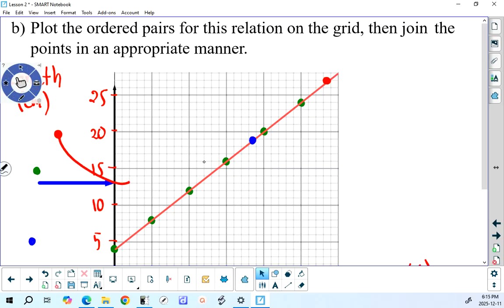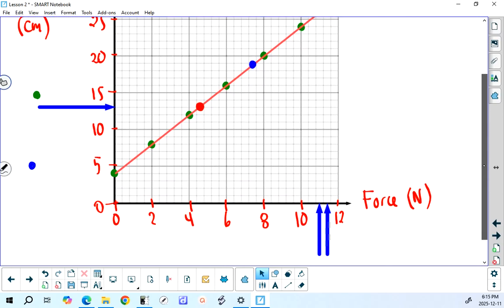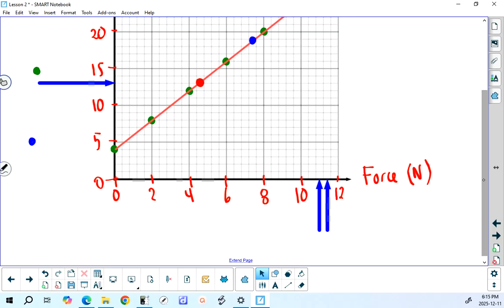Which corresponds to this data point. And now what I want to do is read where it is at the bottom.